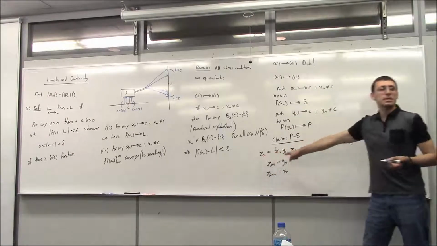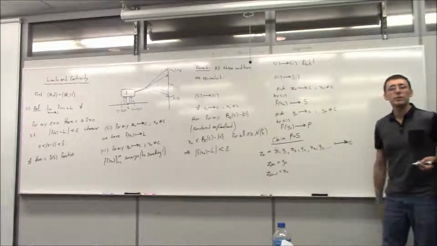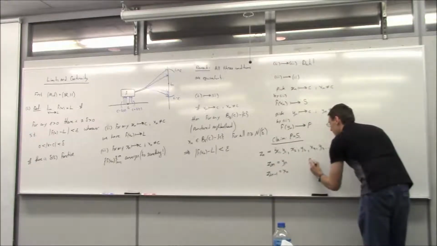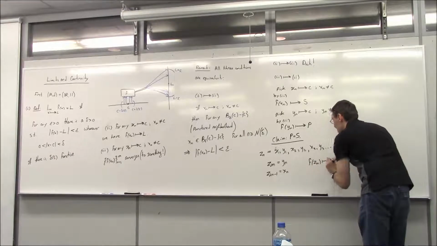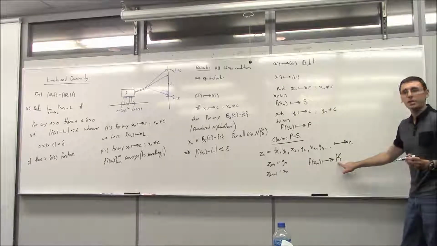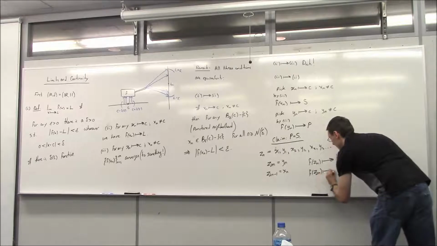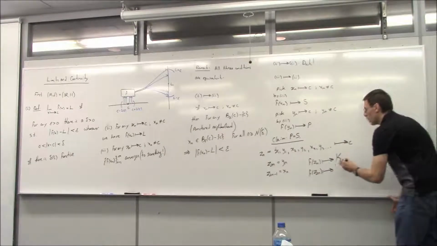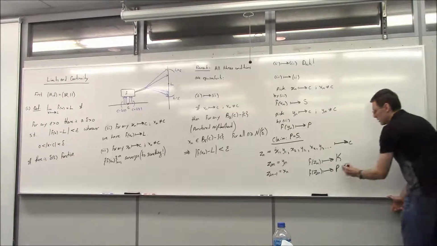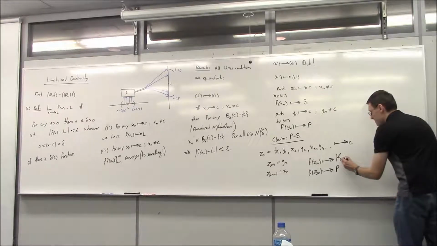So if this is the braided sequence Zn, then the even terms are like y, and the odd terms are like x. What do I know? I know that f of Zn will go to somewhere else, by this condition. Let's call it k. But the even terms go to p, and all the terms go to k, so p and k are the same.